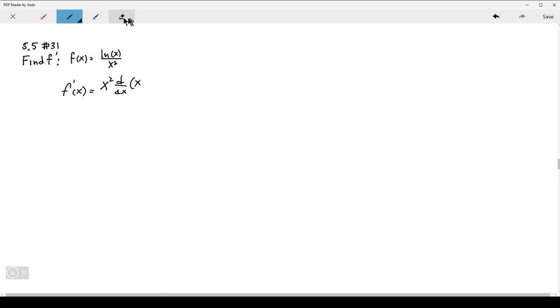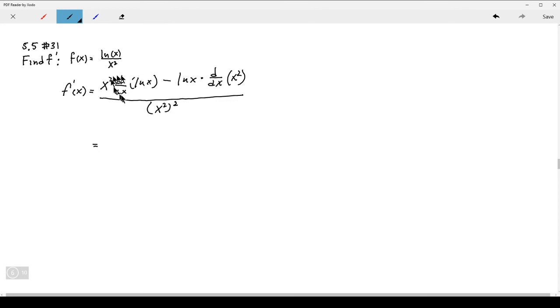Oh, hang on. Try that again. The derivative of the top minus the top times the derivative of the bottom, all over the bottom squared.